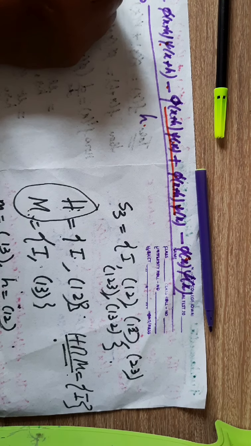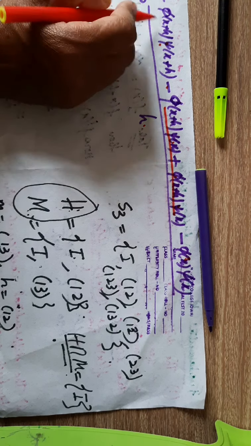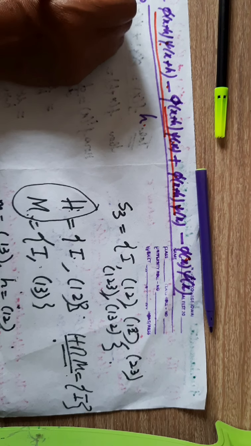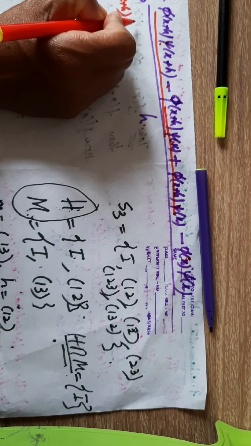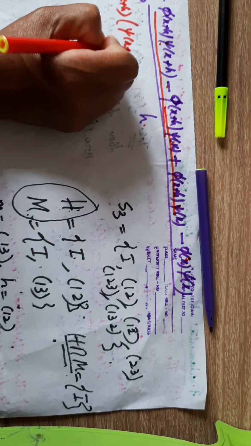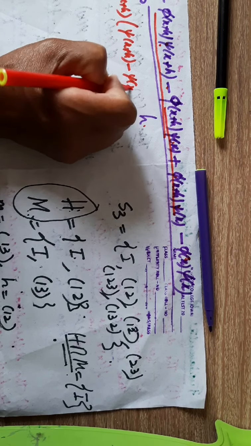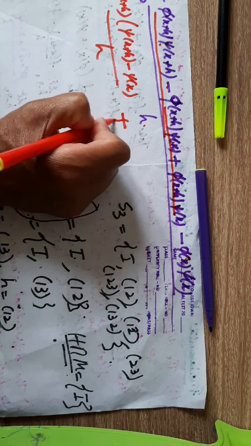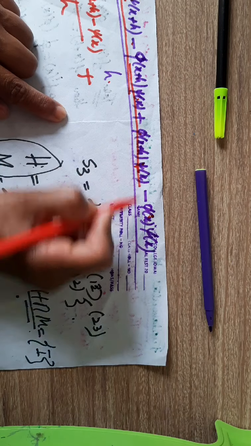So now here you can write this one as limit h tends to 0. If you combine these two, you can see that phi of x plus h is common, so into chi of x plus h minus chi of x divided by h. Plus now from here you see that chi of x is common.